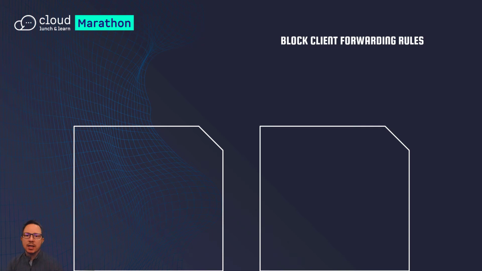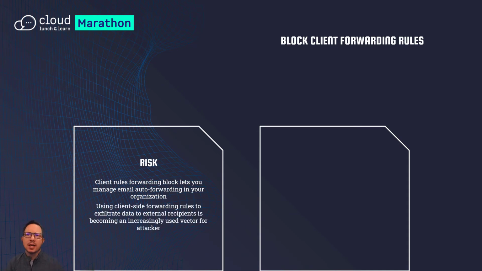Our next block in here is the client forwarding rules. And as I mentioned before, this one's quite a common one. Now, what's the risk here? Well, in previous Office 365 data breaches, when I've had a chance to look at them, one of the first things that malicious actors do once they've compromised accounts is actually create forwarding rules within email.